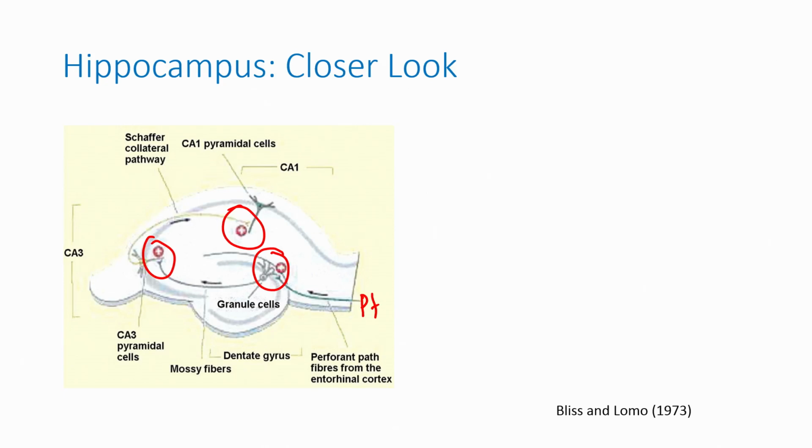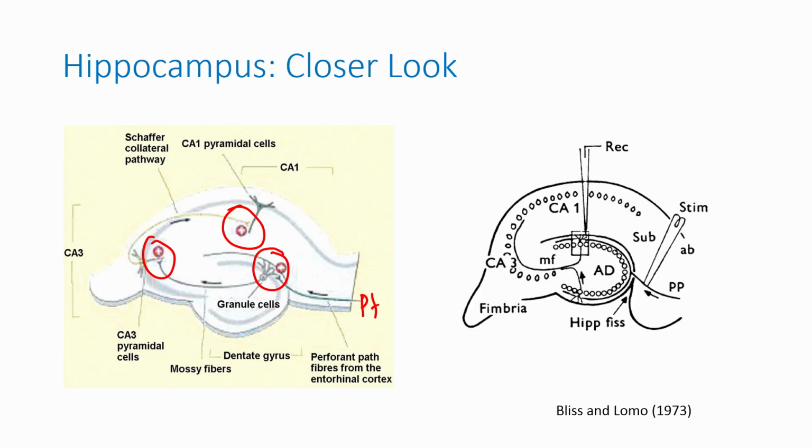What is that experiment? They said, look, if the hippocampus is important to store memories, and memories are something that we form in response to events happening around us, there has to be some plastic change that happens because of an event and stays, so that the event leaves its mark in the brain even after it has happened.